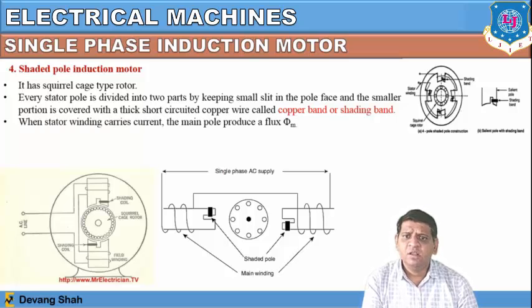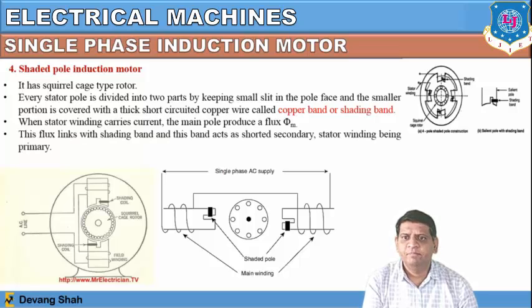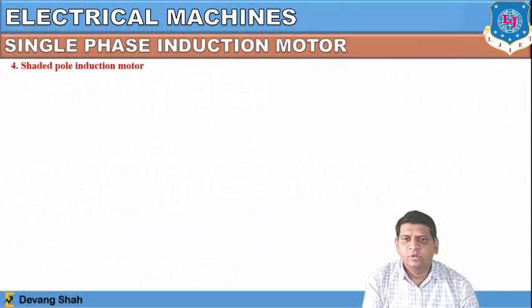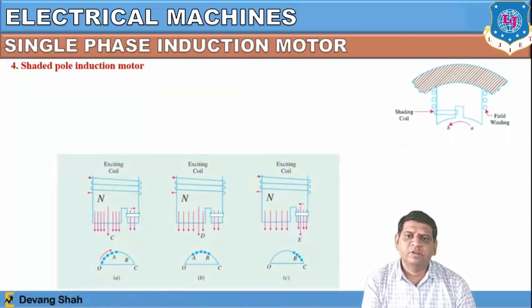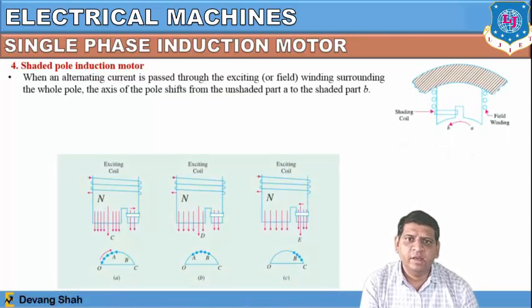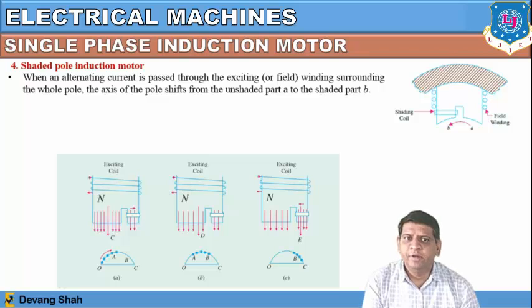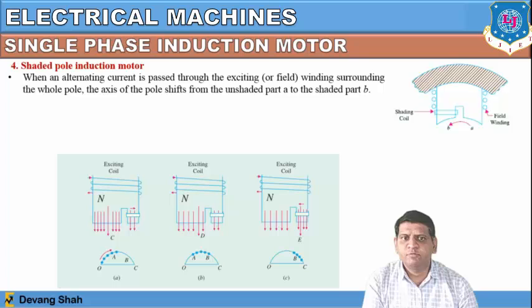When the stator winding carries current, the main pole produces a flux phi m, and this flux links with the shading band. This band acts as a shorted secondary, with the stator winding being the primary. So this is nothing but a kind of transformer arrangement, where alternating current is passed through the field winding surrounding the whole pole, and the axis of the pole shifts from the unshaded part to the shaded part, right?